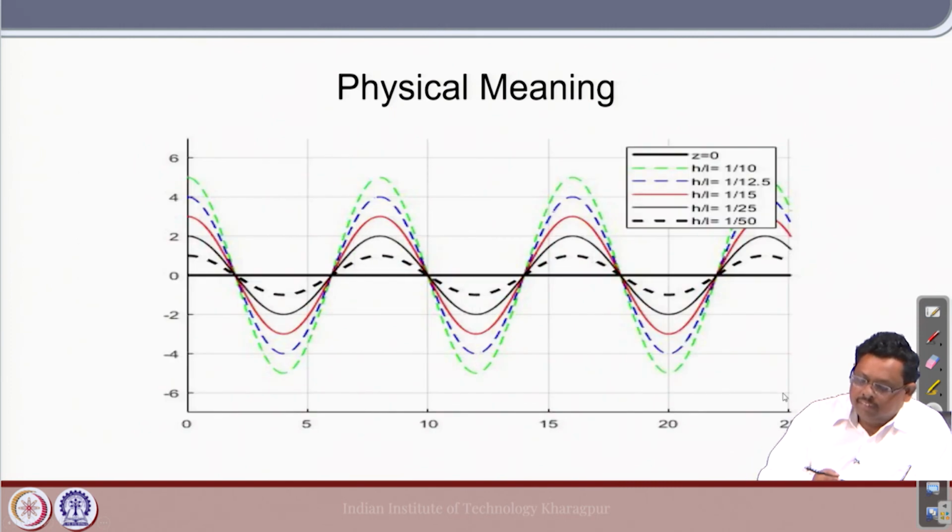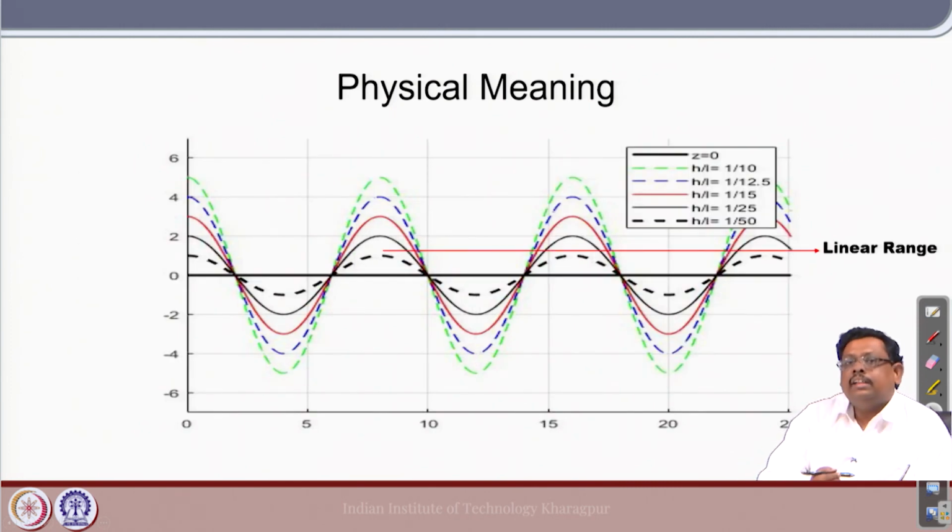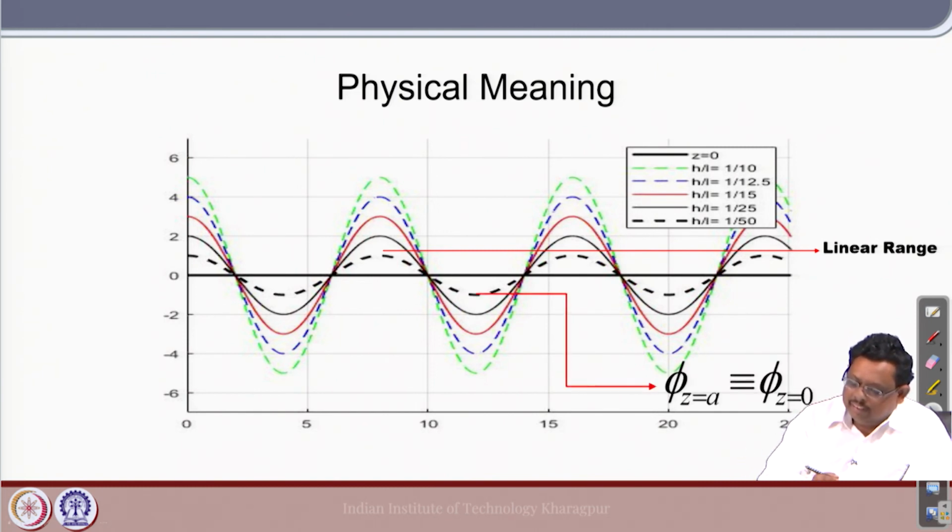Now, I can think of this as a linear range. What we are logically trying to say is that, in the case of small amplitude, we can assume that what is happening at z equal to 0 is the same as what is happening at z equal to a or z equal to eta.